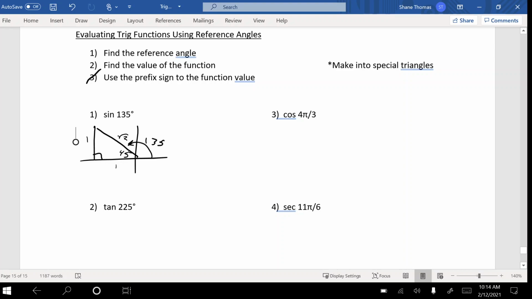He's going to be negative because he's left. Okay, so we'll make that a negative. Now, I want to find the sine of 135 degrees. I found my reference angle. So now I'm looking at the sine of just this angle here. Okay. So the sine of that is going to be, sine is what?